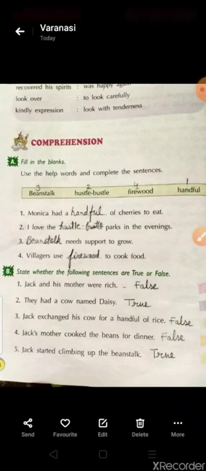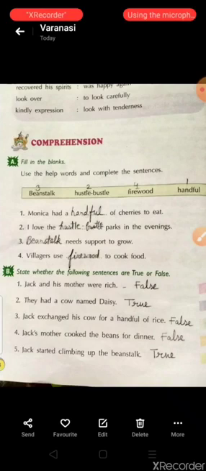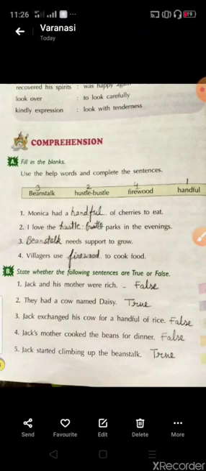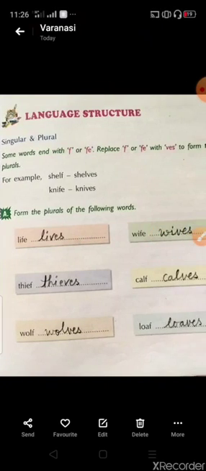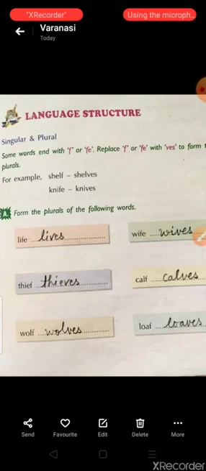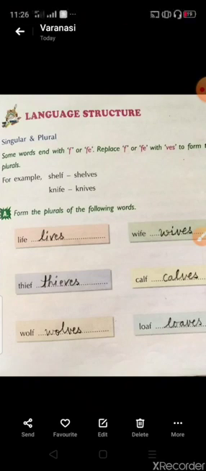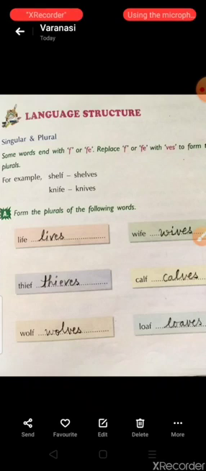In comprehension, there are two exercises. First is fill in the blanks, and second is state whether the following sentences are true or false. Now, next exercise: form the plural of the following words. Okay, complete it in your copy. Have a good day.